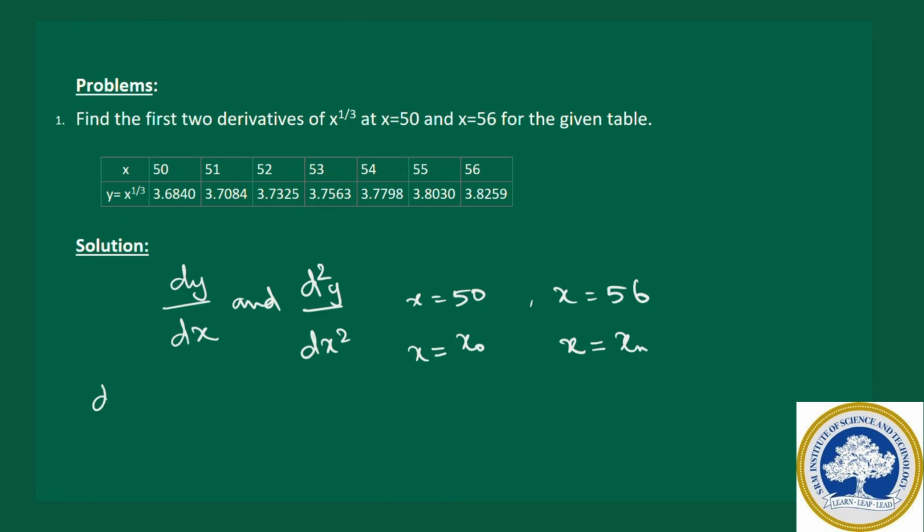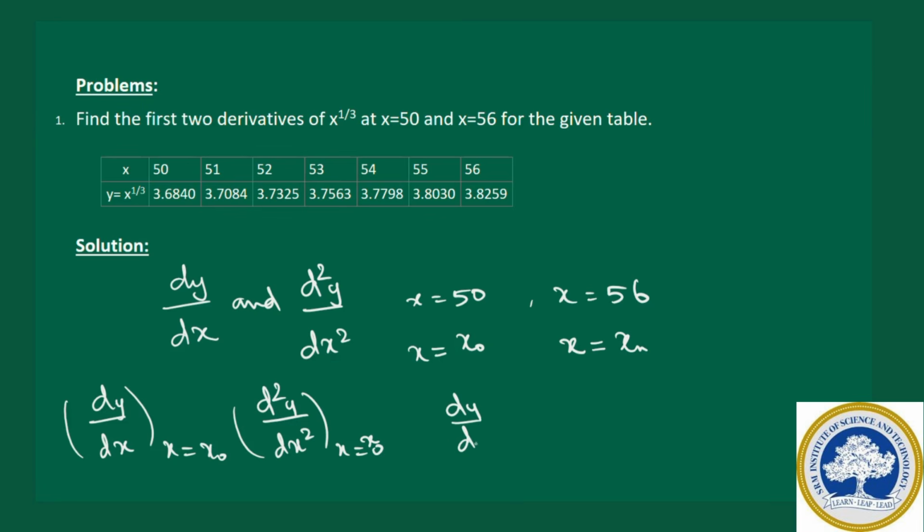So we want the formula for dy by dx at x equal to x naught, d square y by dx square at x equal to x naught, and then dy by dx at x equal to xn, and d square y by dx square at x equal to xn. So totally 4 quantities we have to find out.